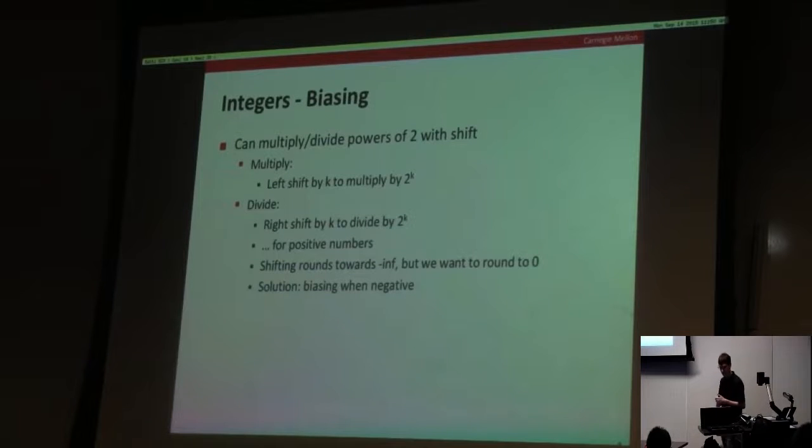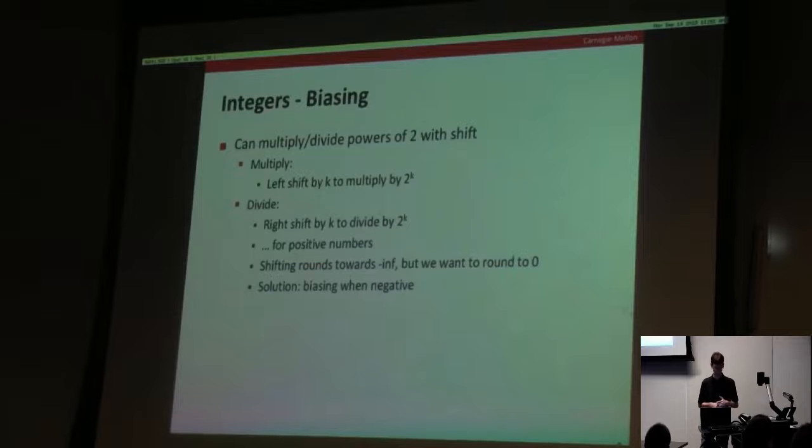We have signed and unsigned integers. An unsigned integer represents the numbers 0 through 2 to the number of bits minus 1. And if we have a signed integer, then we can go from negative 2 to the number of bits minus 1 to 1 less than that in the positive, because 0 is a non-negative number.